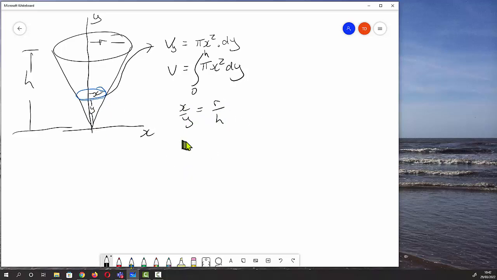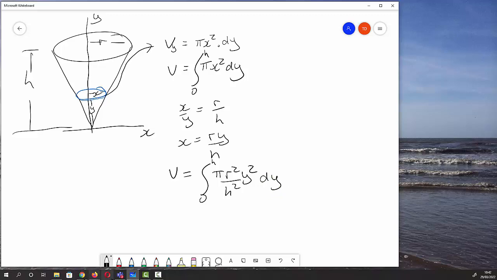So x is equal to ry over h, so x squared is r squared y squared over h squared. So now the volume becomes V equals the integral from 0 to h of pi r squared y squared over h squared dy.